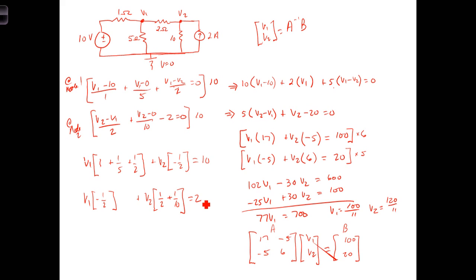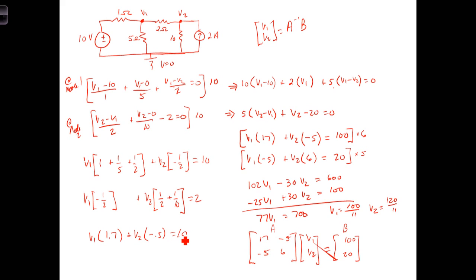If we go ahead and combine these, let's just go ahead and do that. So I have V1 times 1.7, yeah, 1.7 times V1 plus V2 times a negative 0.5 equals 10.